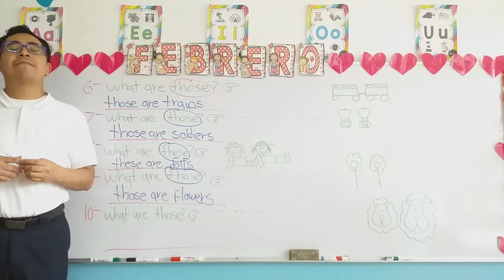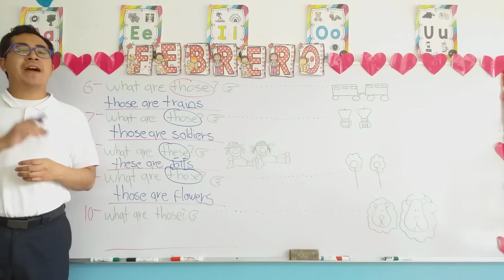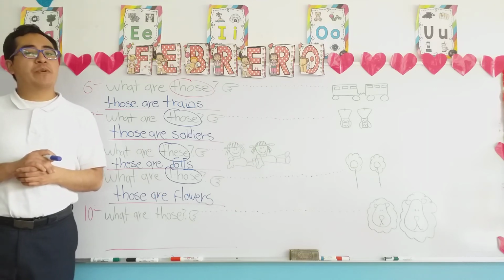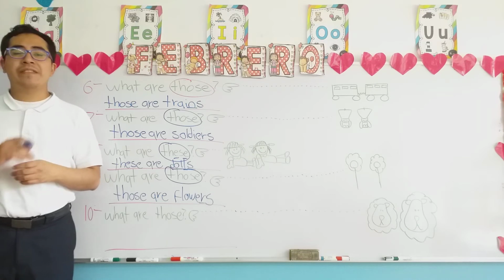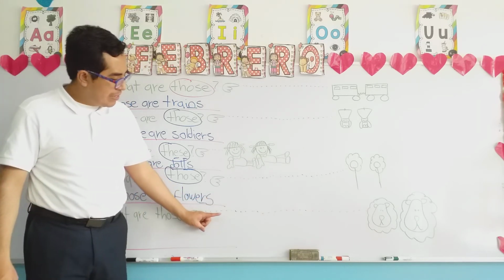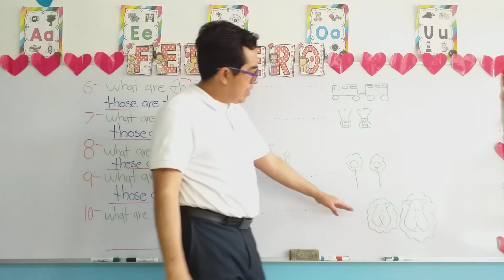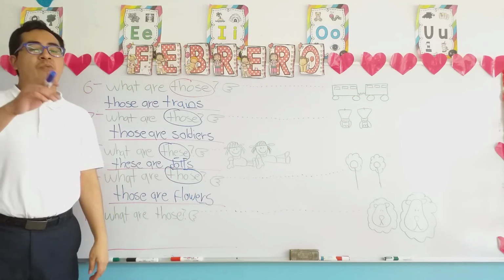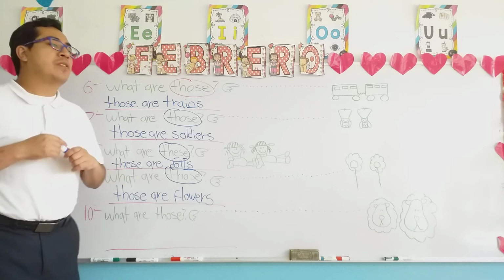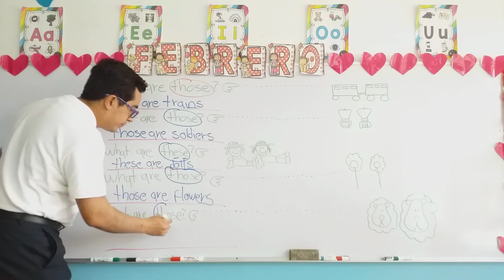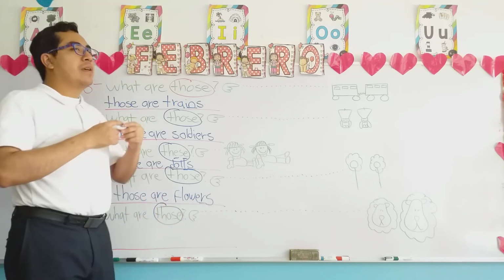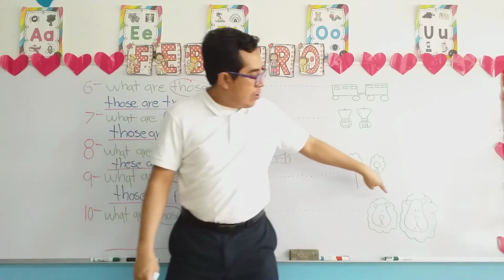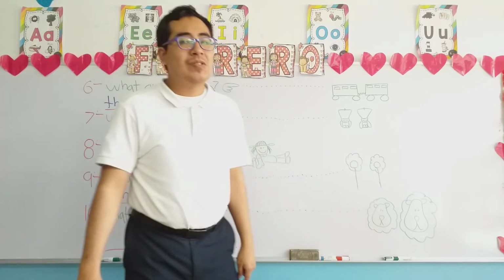With S at the end because the object finishes with R. Those are flowers. And finally, question number 10. Let's check the distance between the objects. Here is the finger, and the objects are far from us, lejos de nosotros. So we use, once again, those. And this, the object, lions.